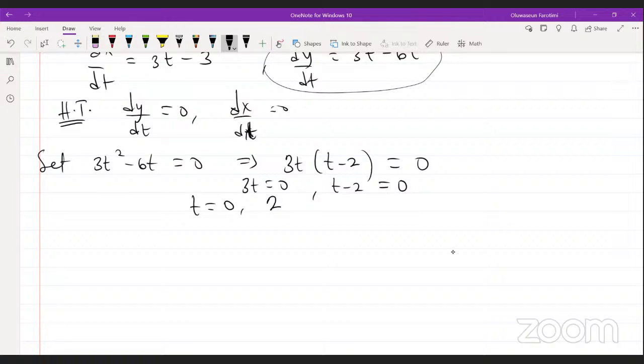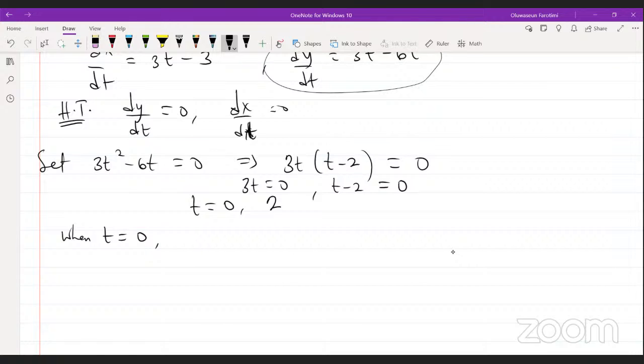Okay. But the job is not done, guys. Now, when t equals 0, you got to plug it back into the equation.